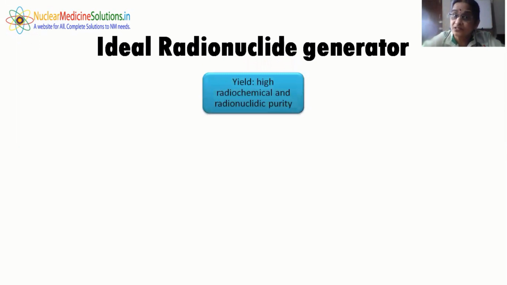Now, what are the characteristics of an ideal radionuclide generator? Firstly, it produces a yield of high radiochemical and radionuclide purity. That means the chemical form in which the daughter radioactivity is present is in the acceptable form for labeling. For example, reduced hydrolyzed technetium is not the right form.